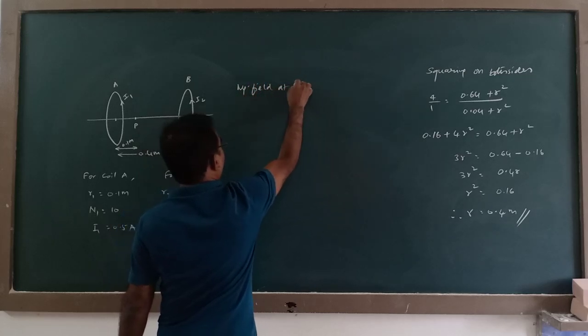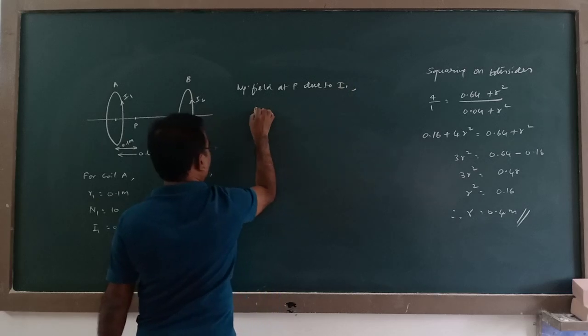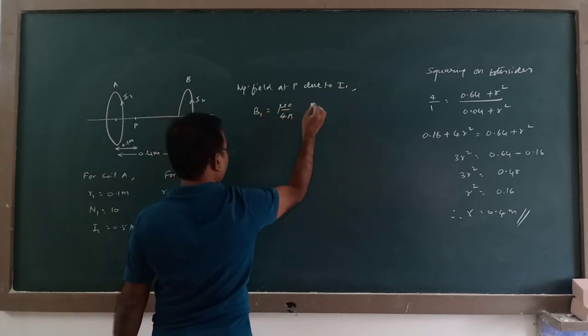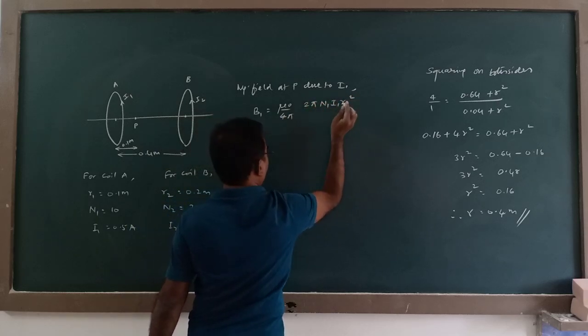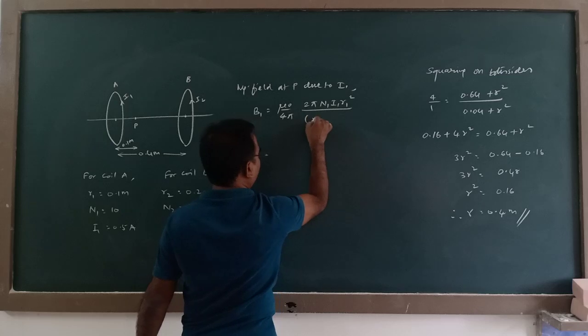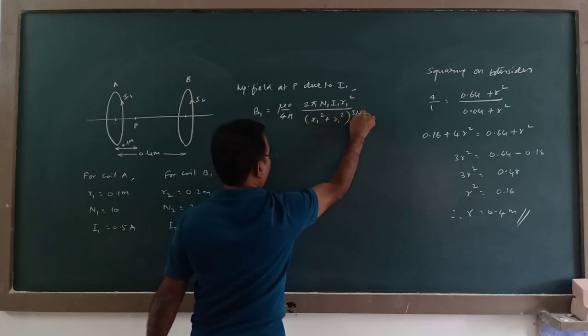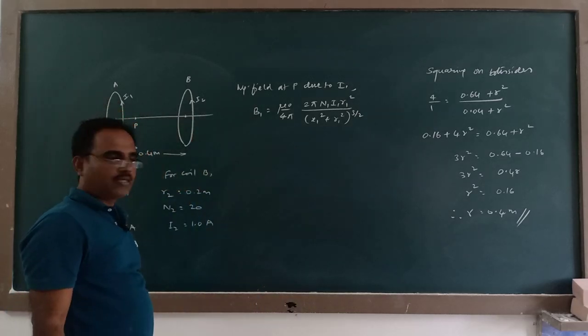So magnetic field at P due to I1. This B1 is equal to mu naught by 4 pi, 2 pi N1 I1 R1 square divided by X1 square plus R1 square whole to the power of 3 by 2. So you calculate this one.